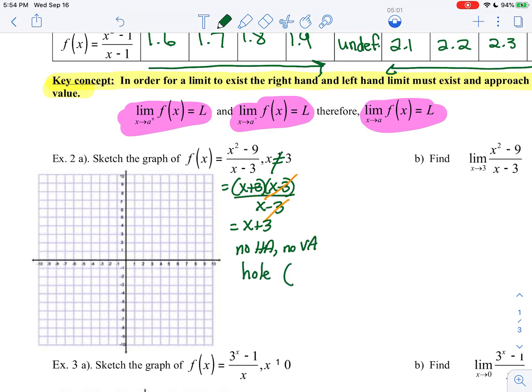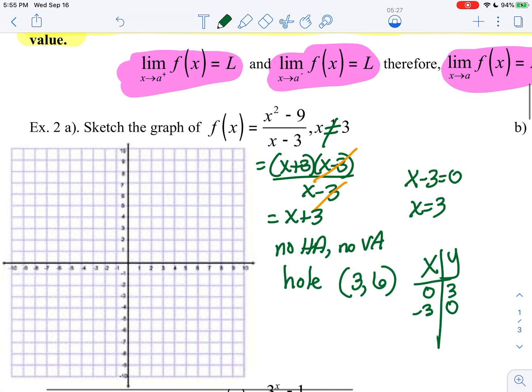There is a hole that happens at x equals 3 because you take the canceled factor equal to 0. And then if I plug it into the reduced answer, it's 3 comma 6. Now this is a line, y equals x plus 3. So if I plug in 0, I get 3. And if I plugged in negative 3, I would get 0.